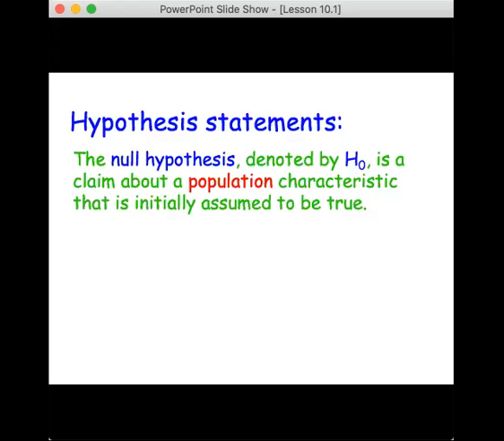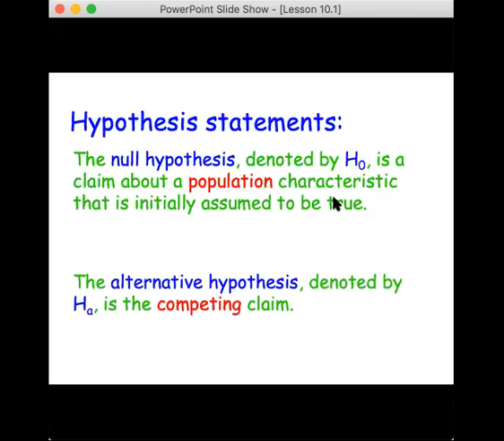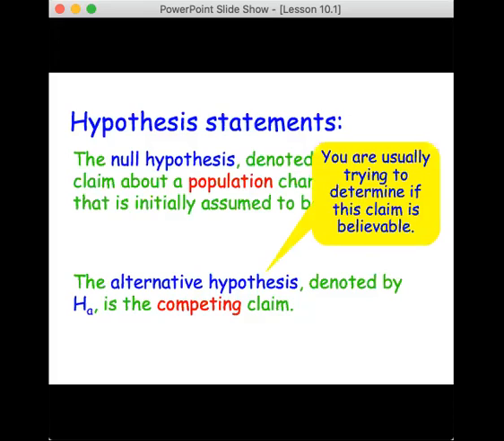And that's why we call it the null hypothesis, H sub 0. Now, the second hypothesis is called the alternative hypothesis, and this is H sub A. It could be lowercase a, it could be capital A, doesn't matter. This is the competing claim. And usually what we're trying to do is examine to see if that alternative hypothesis is believable.